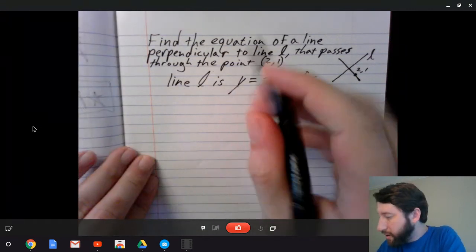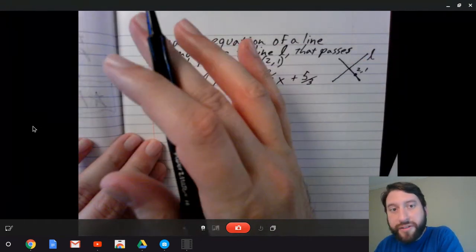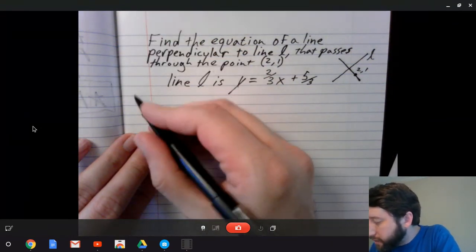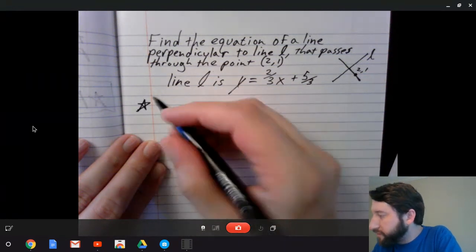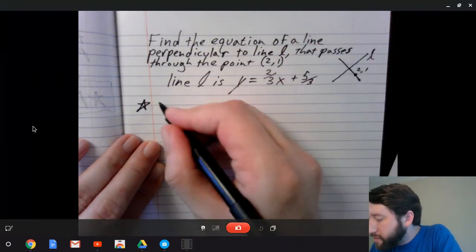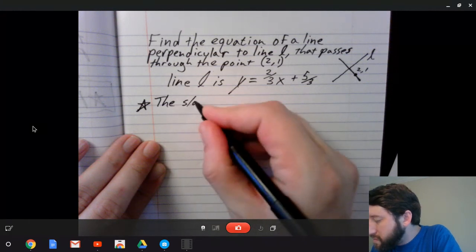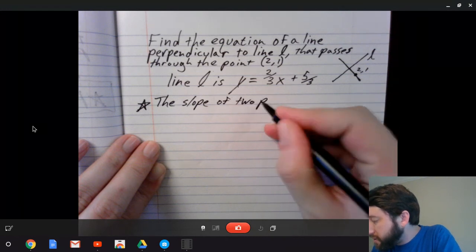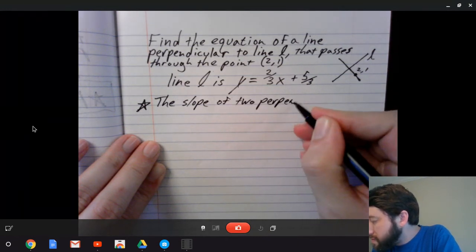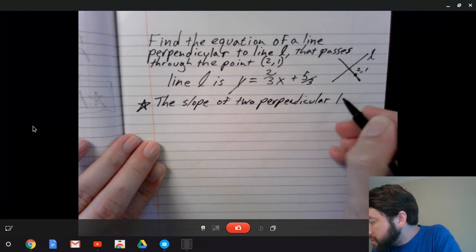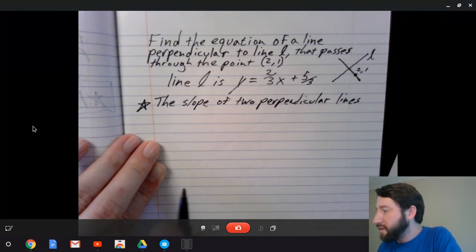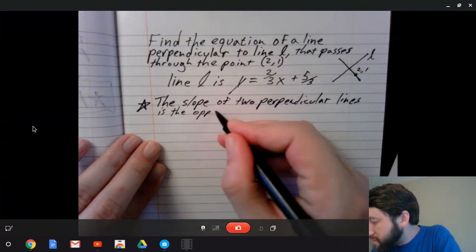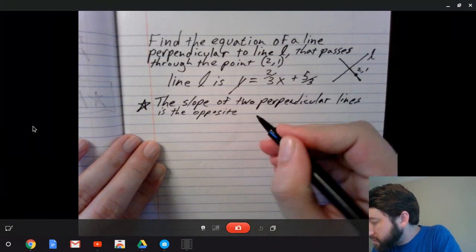The big takeaway here is, before we said parallel lines have the same slope. Well, for perpendicular lines, it's a little bit different, but not too difficult. For perpendicular, the slope of two perpendicular lines is the opposite reciprocal.